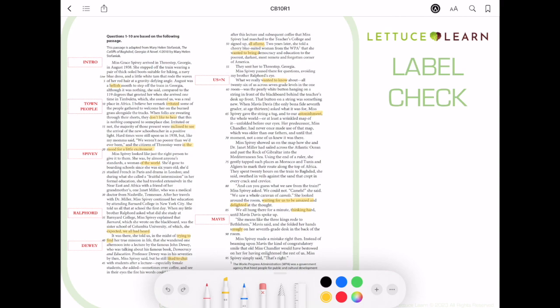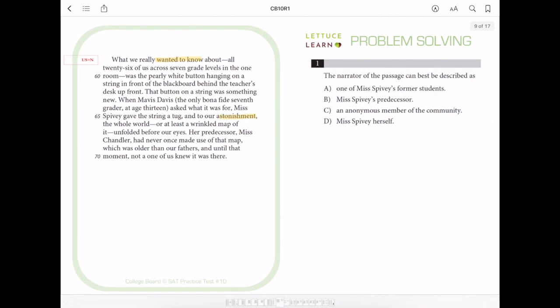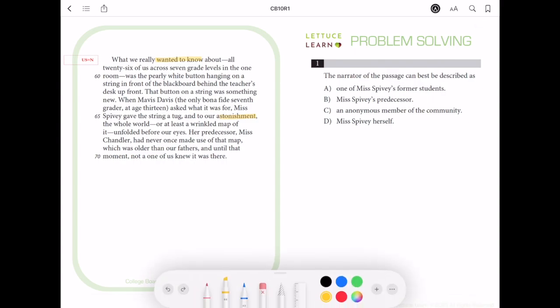So, let's move on to problem solving then. Question number 1. It's asking about the narrator. So we know that our labeling tells us to go and set up a search radius in this paragraph. And immediately, we can see our label, all 26 of us across 7 grade levels, right beneath wanted to know.